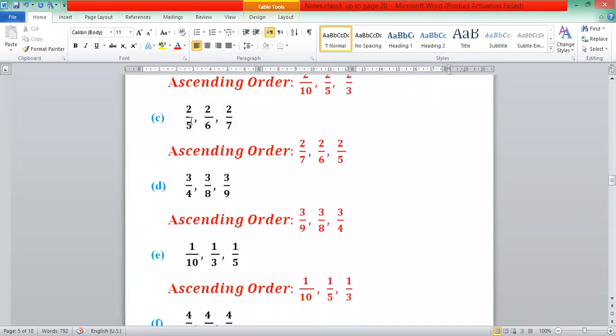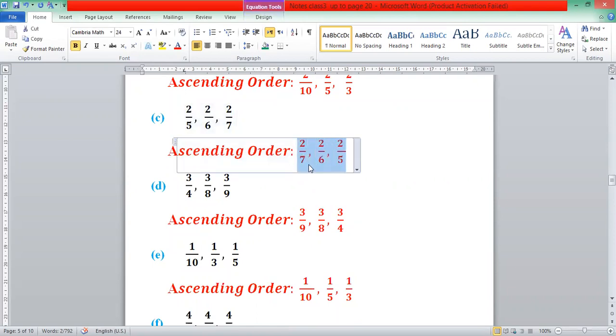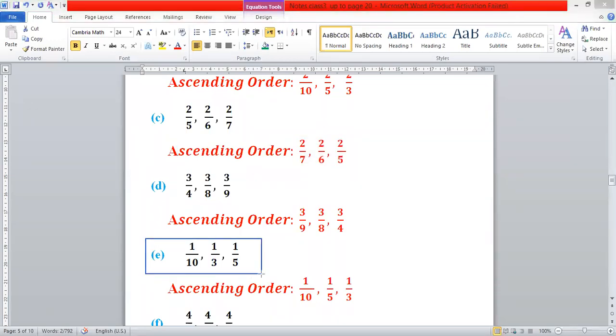Similarly here, 2 over 5, 2 over 6, 2 over 7. So first we write 2 over 7, 2 over 6, 2 over 5. Here 1 over 10, 1 over 3, 1 over 5. First we write 1 over 10, then 1 over 5, then 1 over 3.